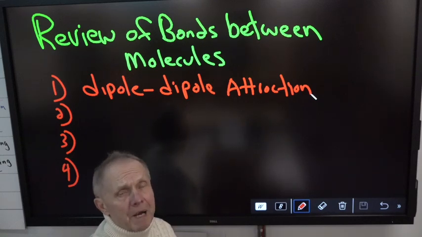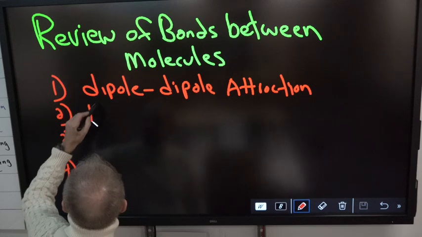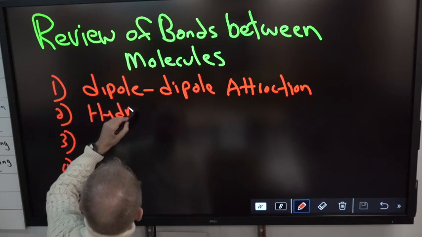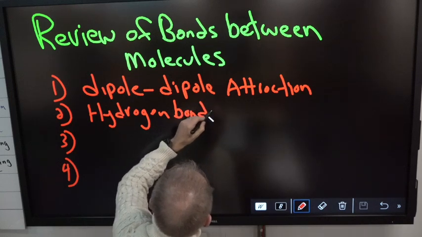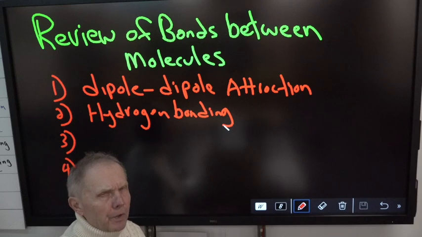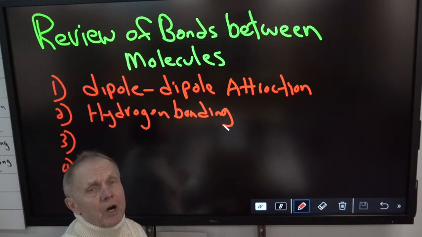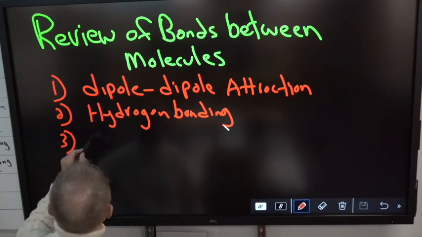Probably the most important bond between molecules is this next one, hydrogen bonding. The next one is really a weird one. They shouldn't be sticking together at all. They need help to stick together. It's van der Waals forces.